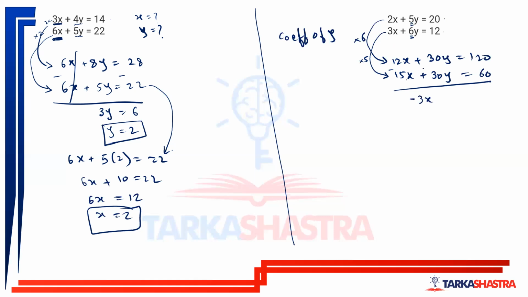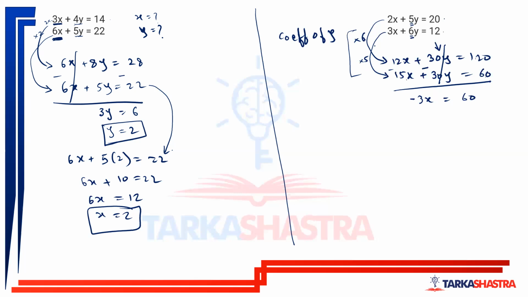Then 30y minus 30y gets eliminated. 120 minus 60 is 60. To eliminate the coefficient of y, we have done this process, by multiplying the first equation by 6 and the second equation by 5.